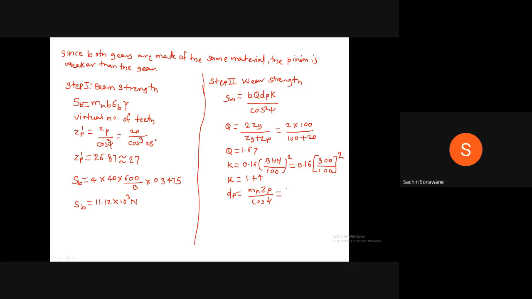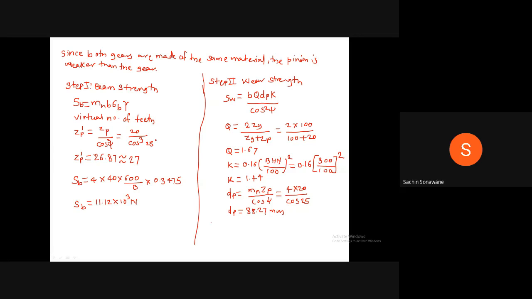Therefore, substitute the values. 4 into 20 divided by cos of 25. What is dp? 88.27 mm. Therefore, substitute all these values in this SW equation and find out the answer.